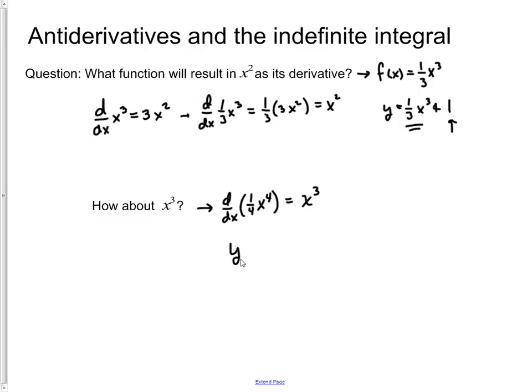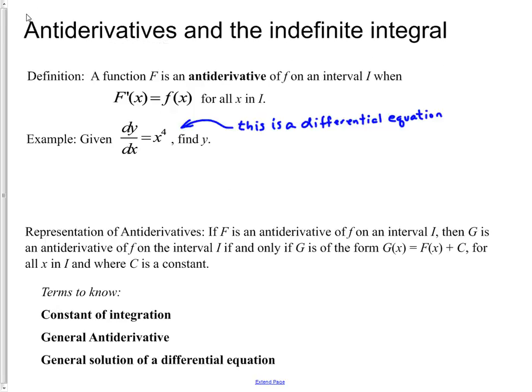So y equals a function containing 1/4 x to the 4th plus some constant. It could be any constant; we're not really sure. But in any case, that's the point. What we're doing is reversing the process of taking a derivative when we think about what an antiderivative means.